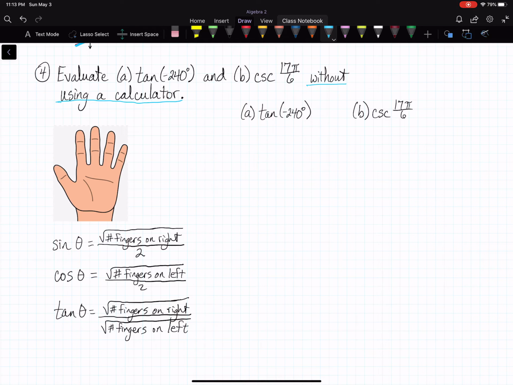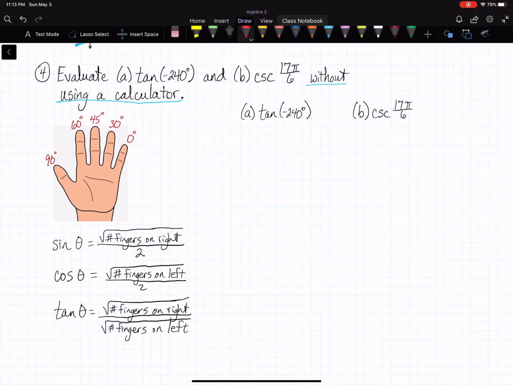So anytime the question's asking you to do it without a calculator, 9 times out of 10, they are wanting you to break it down into a reference angle, and that reference angle will be either 0 degrees, 30 degrees, 45 degrees, 60 degrees, or 90 degrees. Those are the 5 most common angles that you are expected to just be able to know in your head. You don't need a calculator to do it.